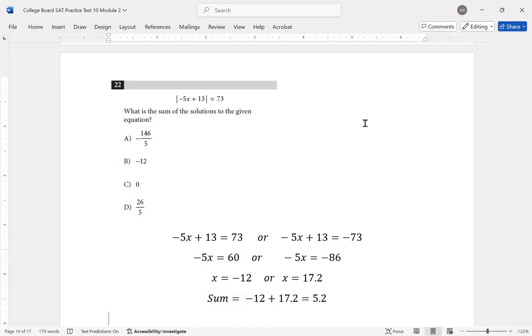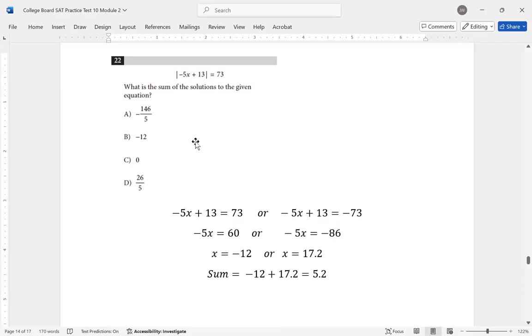So 5.2 should be the answer, but all of our answers are in fraction form. And so what we would like to do is rewrite 5.2 as a fraction. You can do that pretty easily. We're doing 0.2, so 52 over 10, which is, divide both the numerator and denominator by 2.